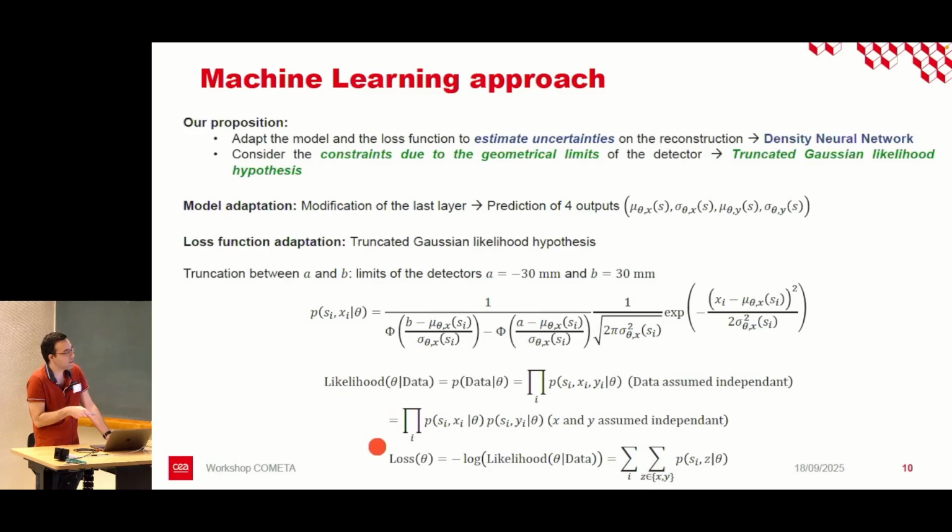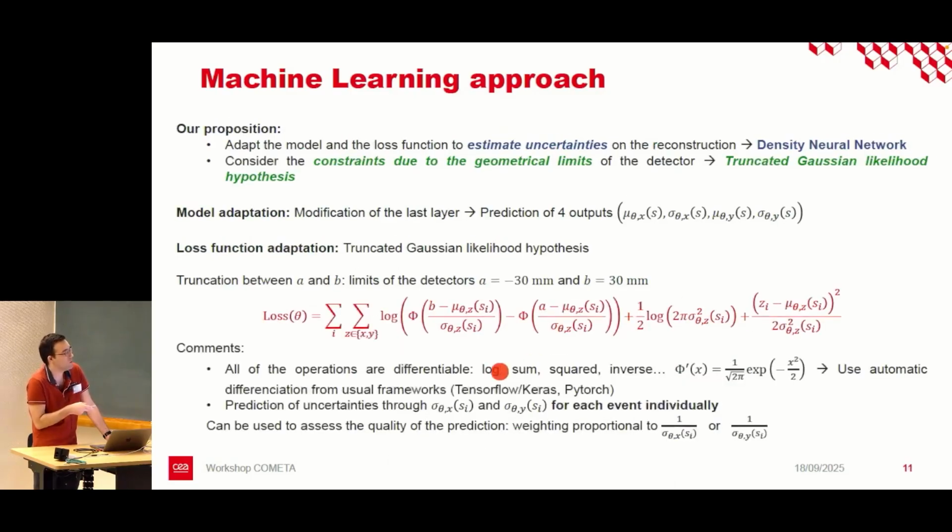Then, if we assume that x and y, the two positions, are independent, we can now write the loss function as the negative logarithm of the likelihood, to transform the product into a sum. So here now we have a sum of the logarithm of all of these probabilities.